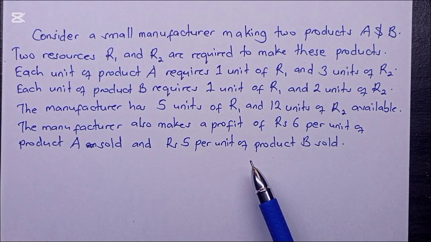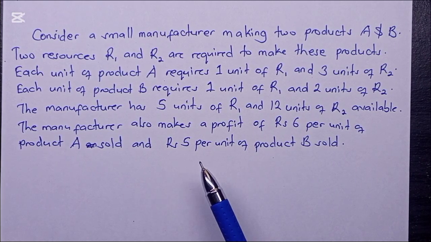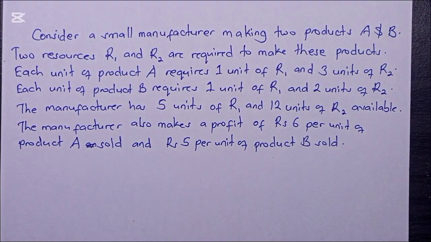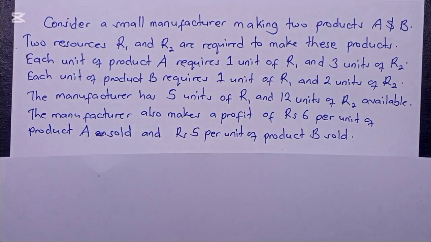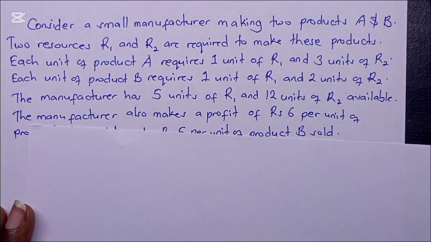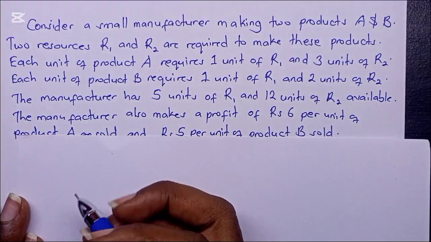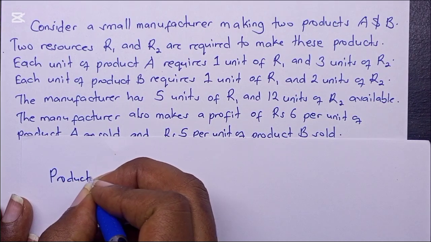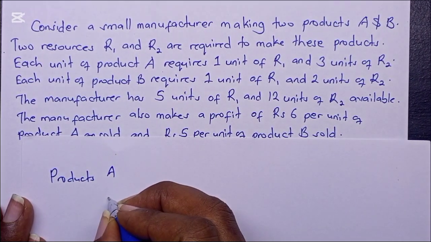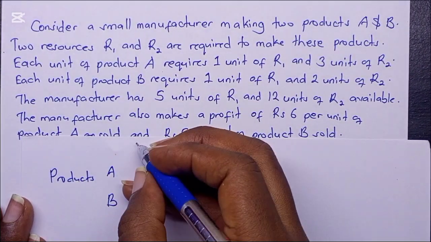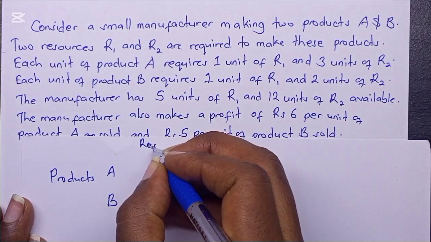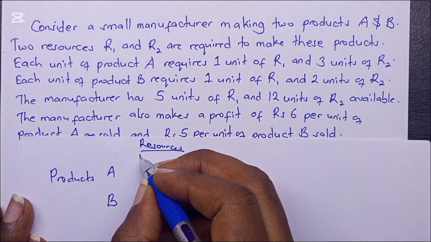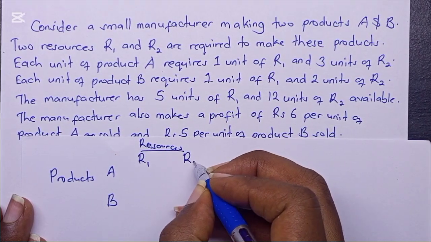So now let us first of all try to summarize this information into a simplified format. So we have been told that we have products A and product B, and also we have resources R1, resource 1, and resource 2.